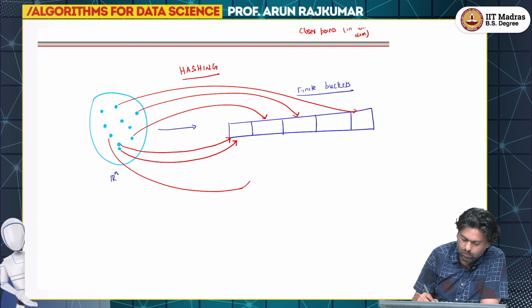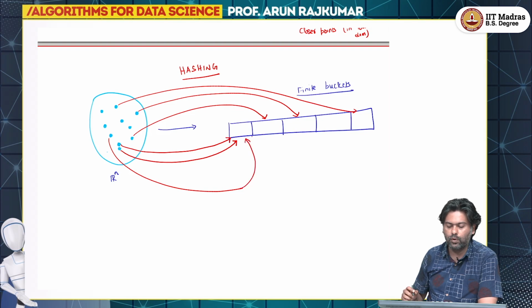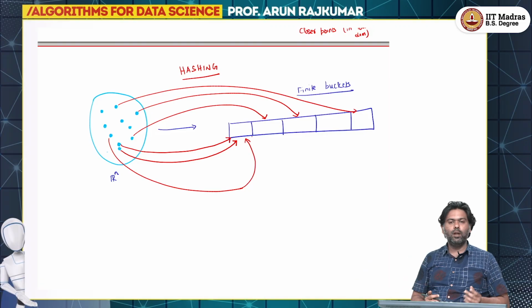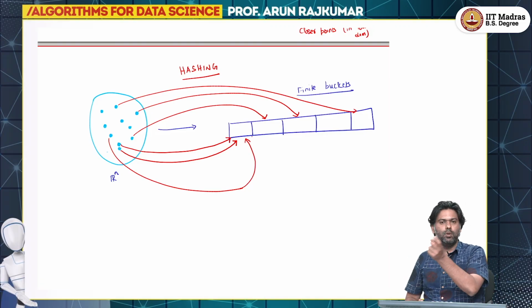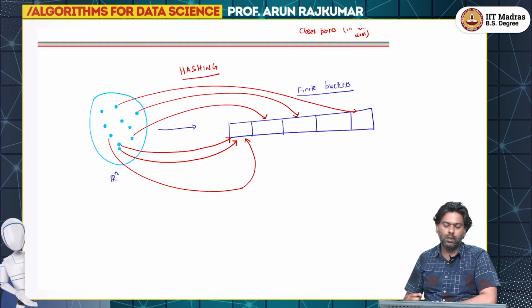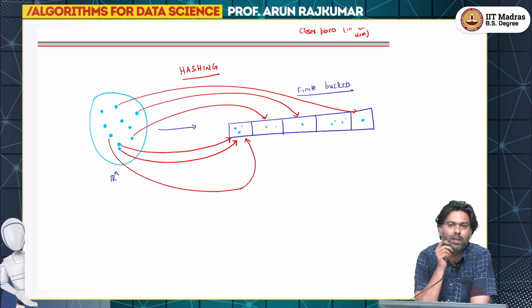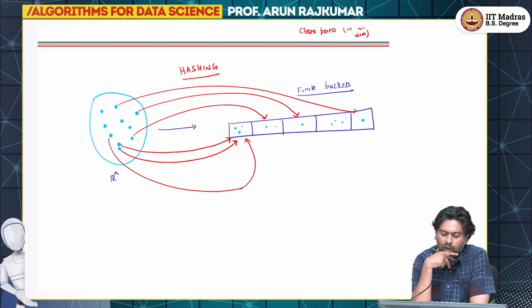Maybe this also goes to this bucket, and so on and so forth, right. Basically, think of it as there is a finite set of buckets and you have a bunch of data points, and I want to put the points into buckets, right. Now the points are all here, some points are here, a lot of points are here, depending on the mapping that we are using.